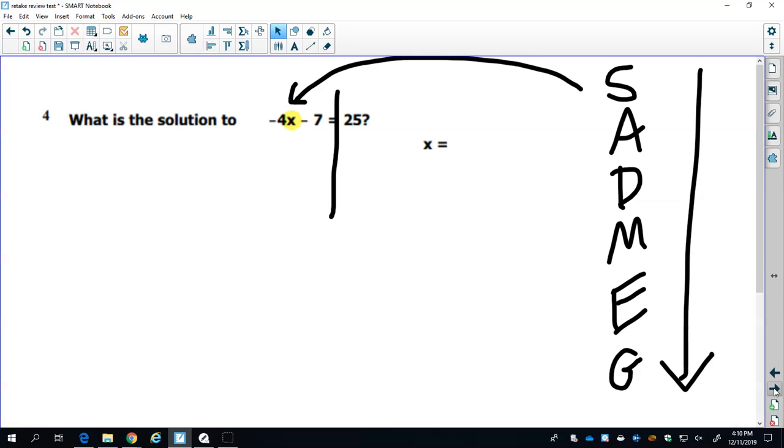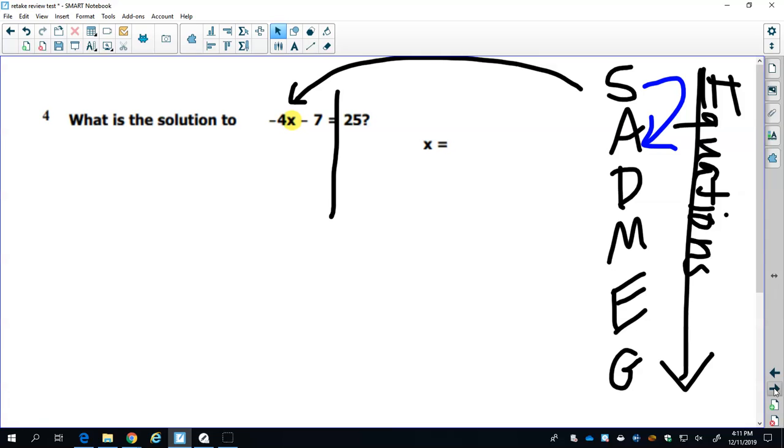And so with equations, we're going to undo any addition or subtraction before multiplication and division unless it's being grouped. So as we go through this equation, you can see that we have negative 4x, which is multiplication, and minus 7, which is subtraction. And we undo subtraction by addition.